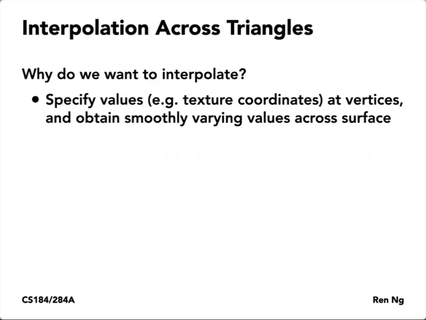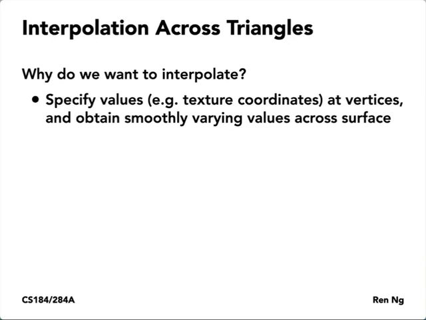Why do we want to interpolate across triangles? Well, because we often may specify the values only at the vertexes of a mesh. We've talked a lot about how when you are modeling a 3D object in the world, you can just specify its 3D mesh as an approximation for its surface. So it's typical to specify the XYZ location of those vertexes of those triangles in object coordinates.